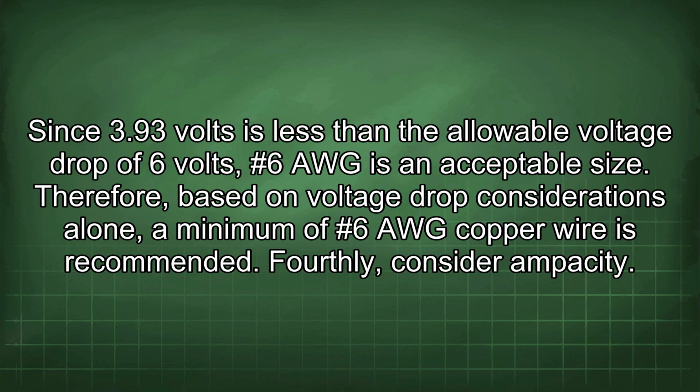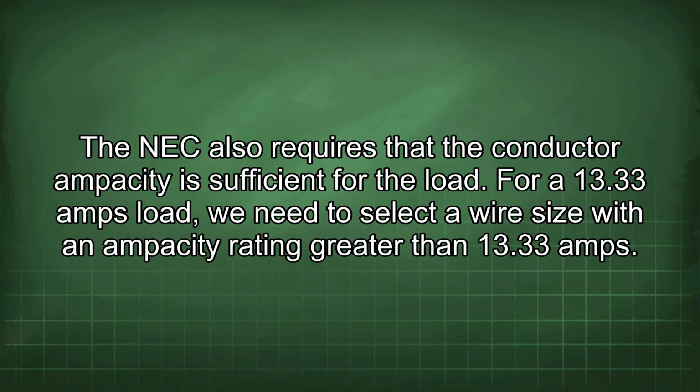Fourthly, consider ampacity. The NEC also requires that the conductor ampacity is sufficient for the load. For a 13.33 amps load, we need to select a wire size with an ampacity rating greater than 13.33 amps.